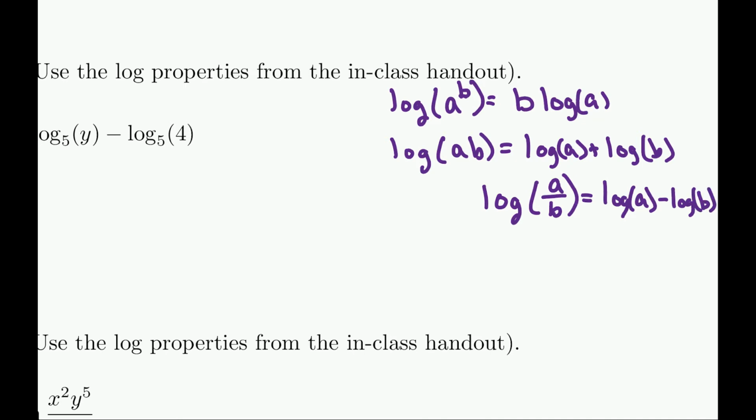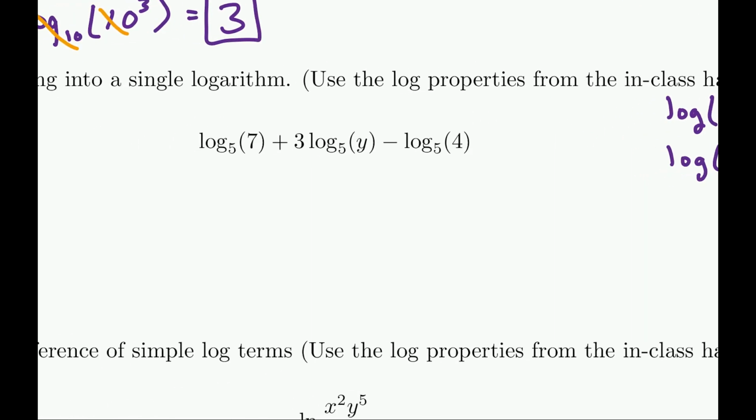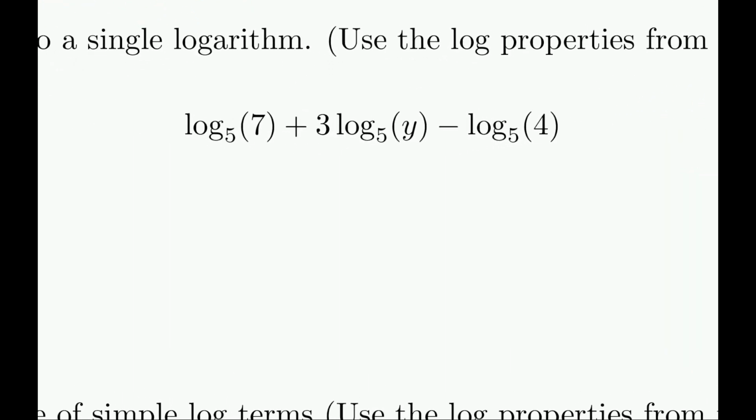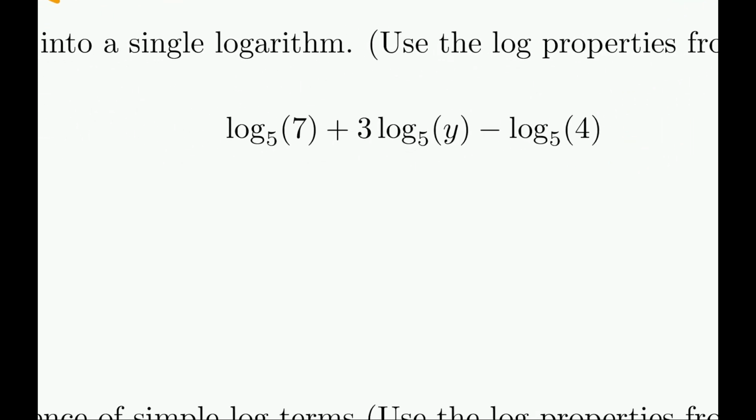Kind of ran out of room there. So we're applying these rules basically starting with this type of thing, going to this type of thing, in order to try to consolidate these logarithms into one single logarithm. So the first thing you want to do is apply the first property to get any coefficients like this 3 up as an exponent, right?